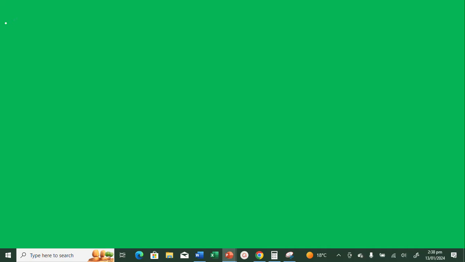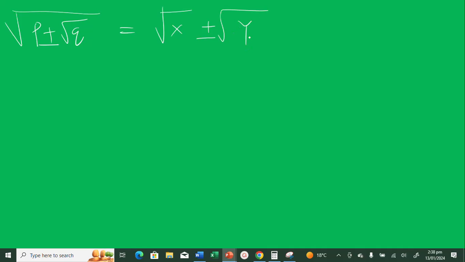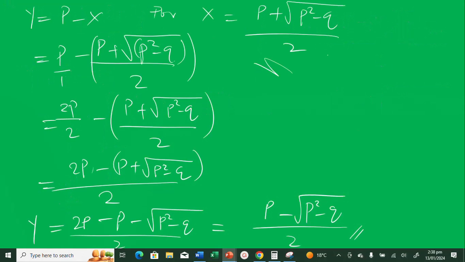So that means the square root of p plus or minus the square root of q is equal to the square root of x plus or minus the square root of y. Now the x we are going to use is this one, because in this case this x is greater than y.